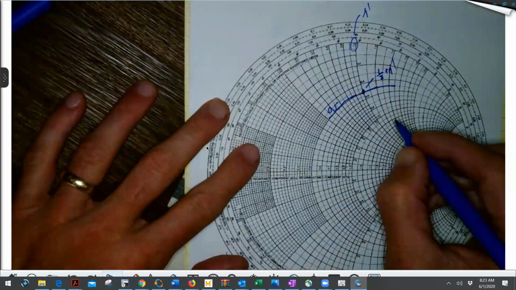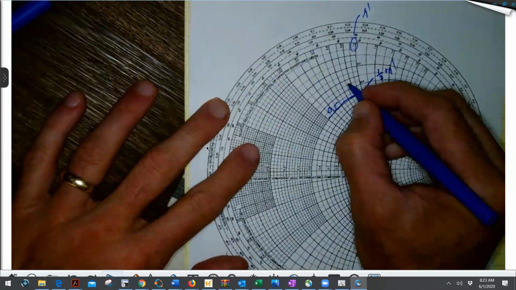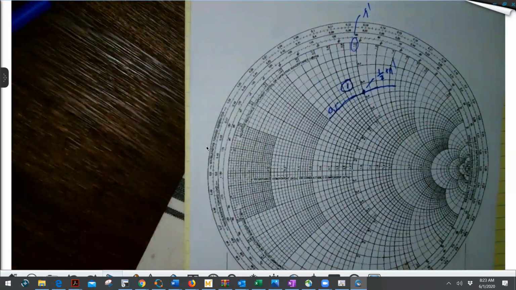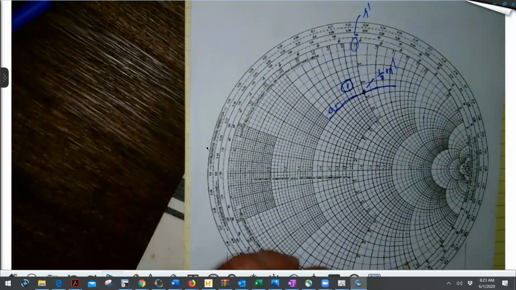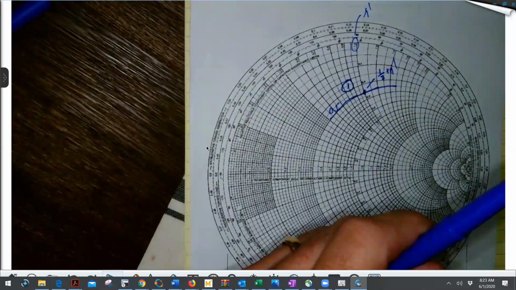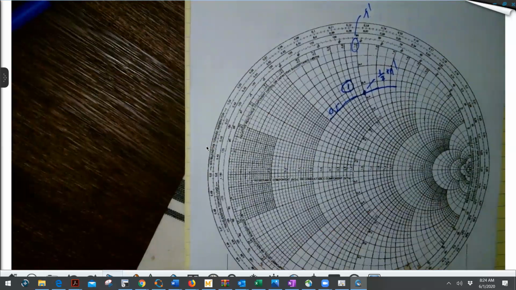Normally I tell people to label that as 1. Whenever you're doing Smith chart problems and you're going to hand them in, you always place a number or a letter at each point and go in sequential order. There's where I came in. Now, the next thing you do is take a straight edge of any type.